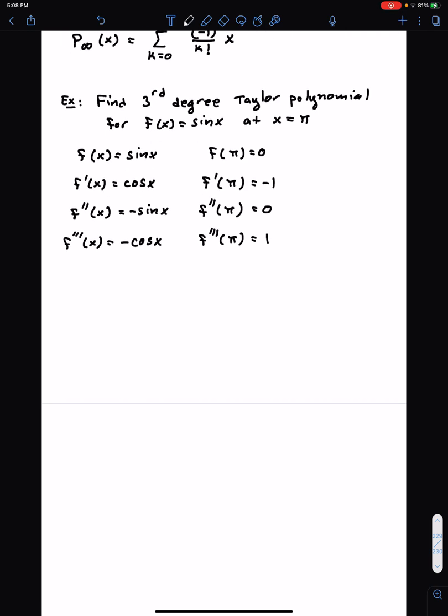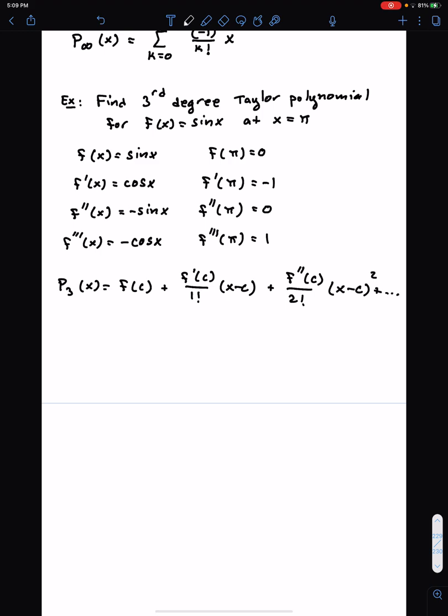So the third degree Taylor polynomial is equal to f of c plus f prime c divided by 1 factorial x minus c plus f double prime at c divided by 2 factorial x minus c squared, and so on.